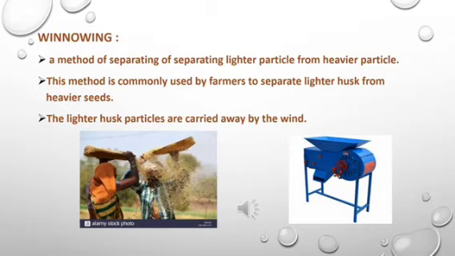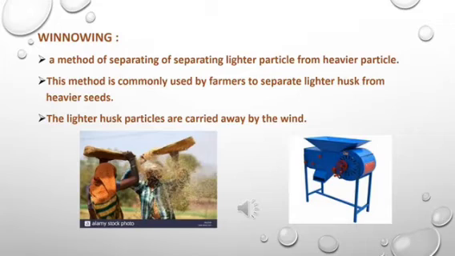The separated husk is used as fodder for cattle. What is fodder? It is food for cattle. By this method, the lighter husk particles are separated from the heavier grains.